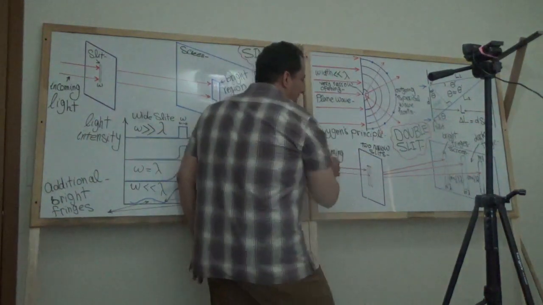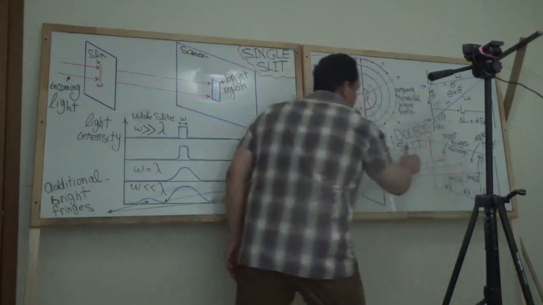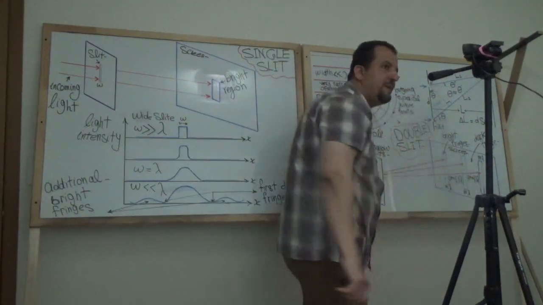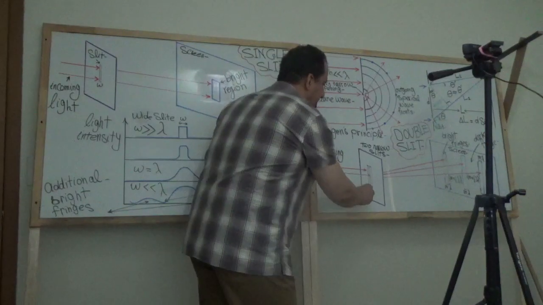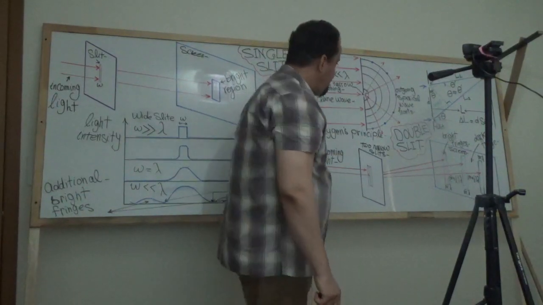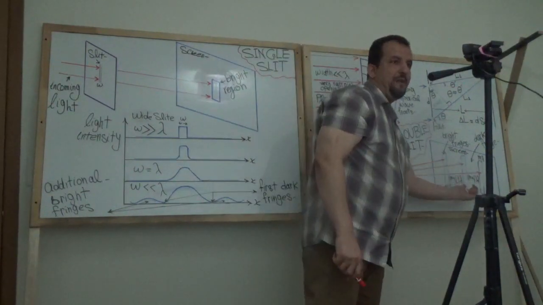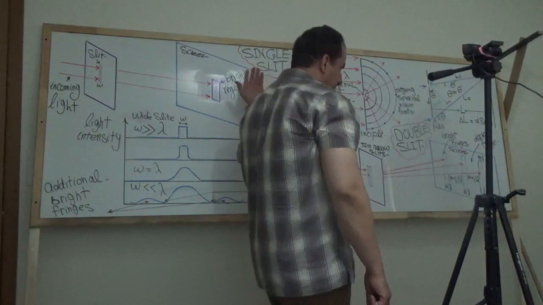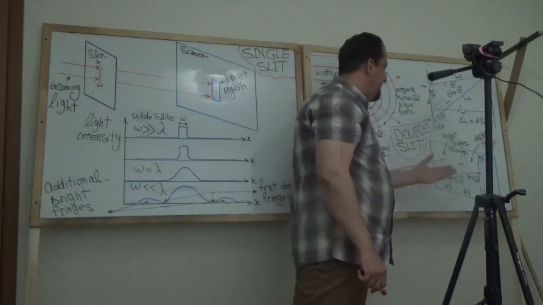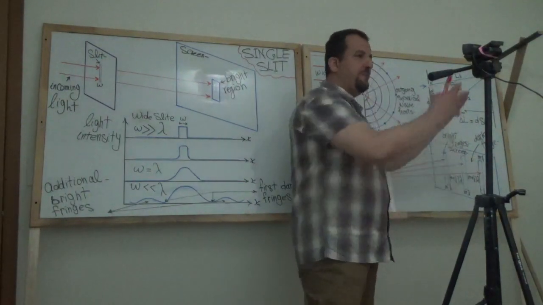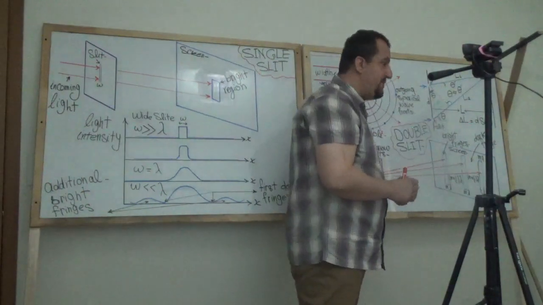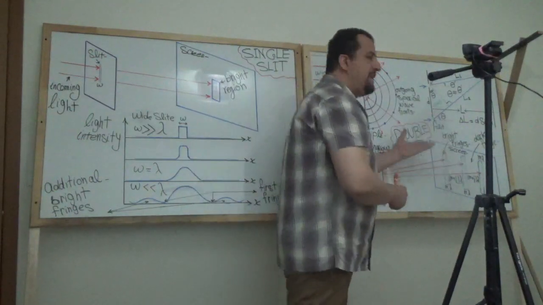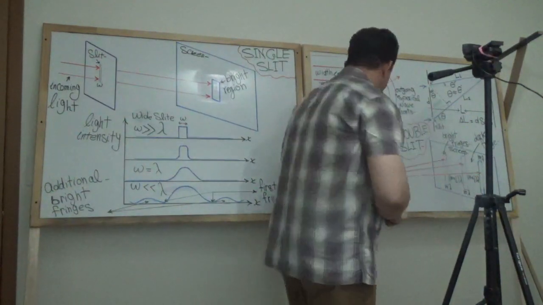So now let's come down here. This is the double slit experiment, or Young's experiment. Here we have the double slit, and here we have the screen. So the screen can be used similar to what we did before with a single slit. It will be used here to receive the light from those two slits, or the interference result.